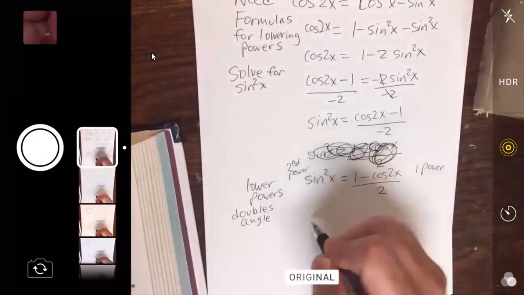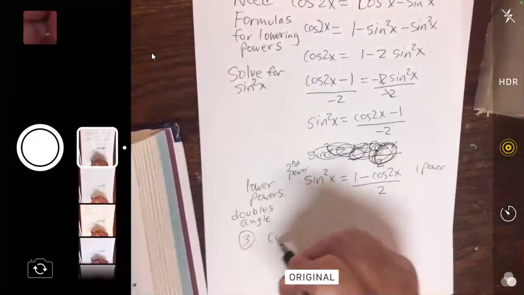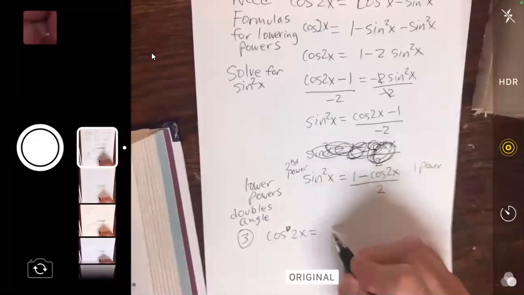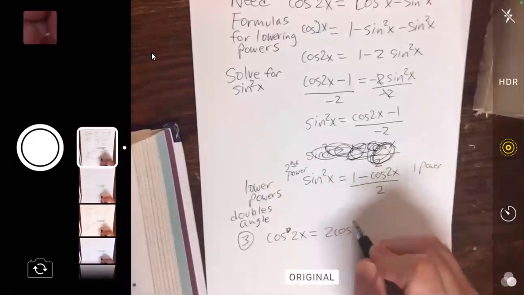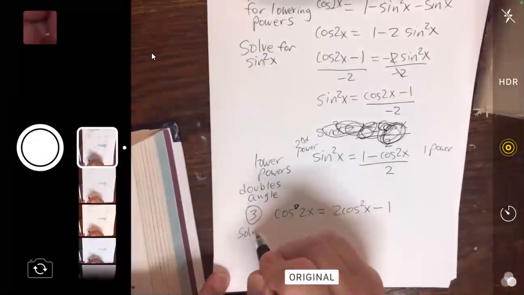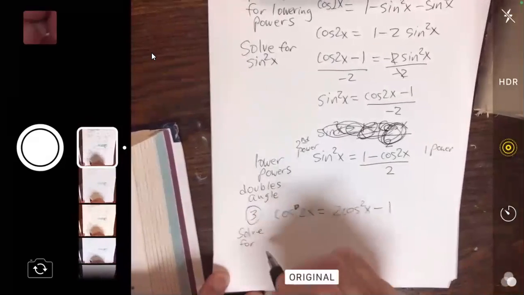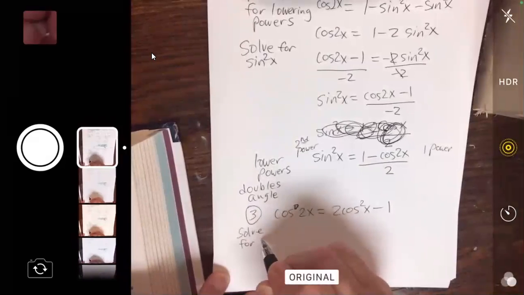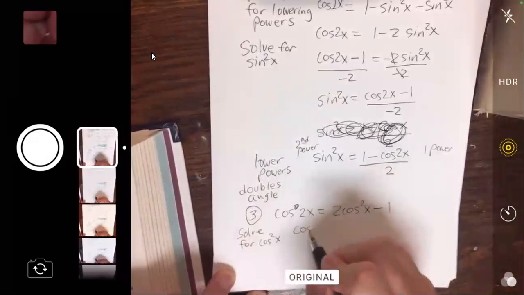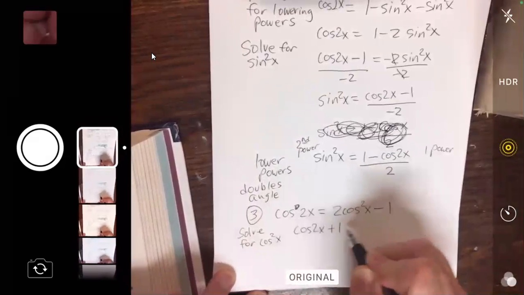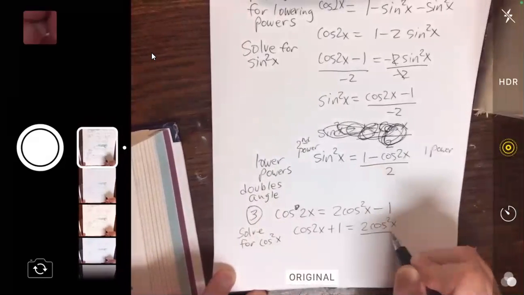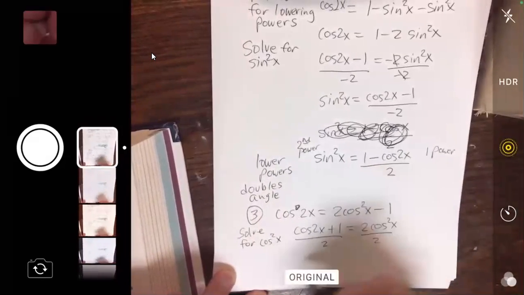Okay, and then if you use version 3, cosine of 2x is twice cosine squared of x minus 1. And again, solve for cosine squared. You'd have cosine of 2x add 1 is twice cosine squared of x, divided by 2. They like to switch it around.